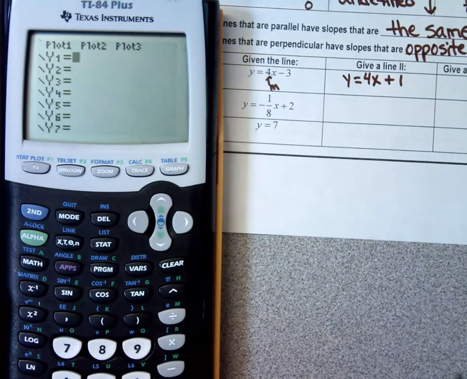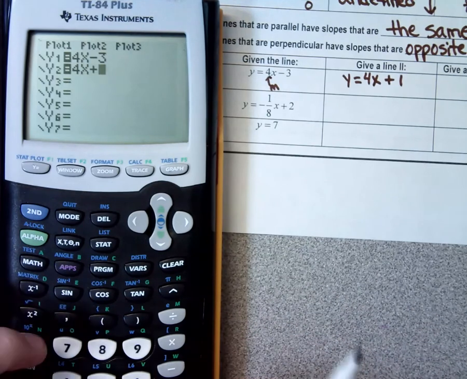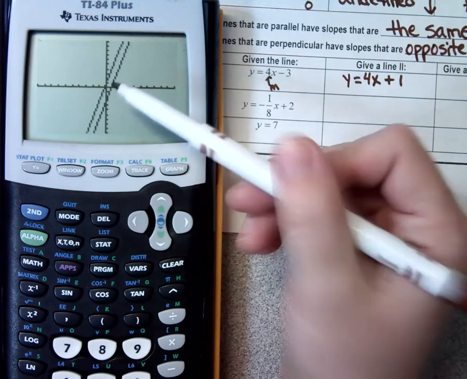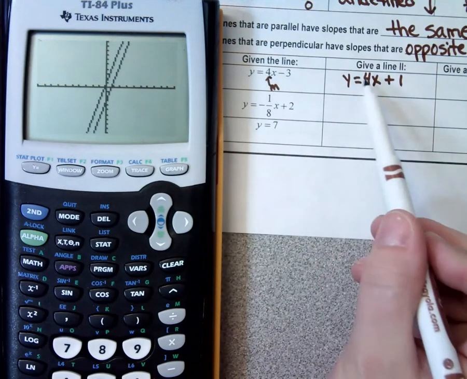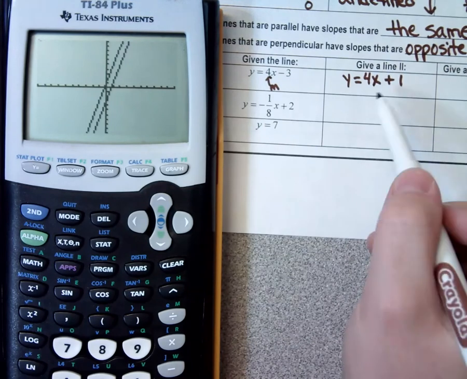My first one is 4x minus 3, and my other one is 4x plus 1. And if I graph those, you can see for yourself they're parallel. They have the same steepness because they both have the same slope. They're parallel because they never intersect.